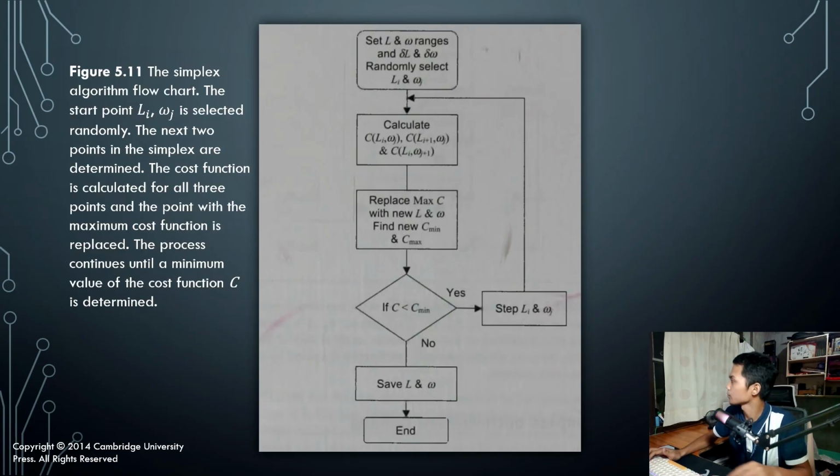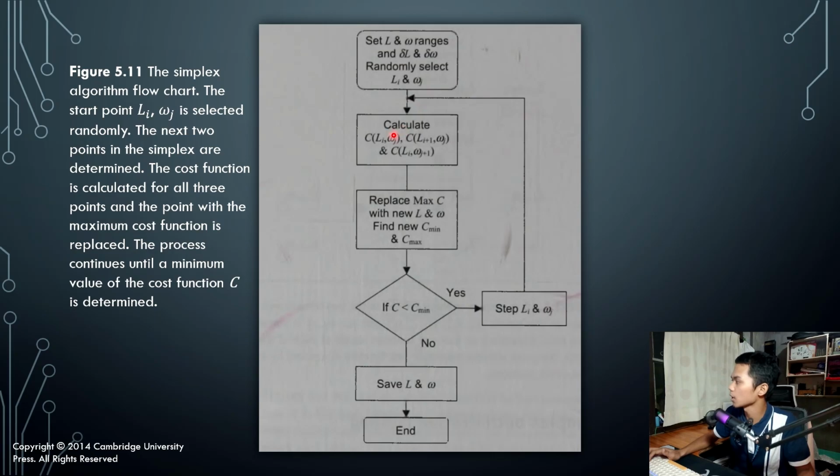Let's see. So you start with L and omega ranges again and set increments, again delta L and delta omega, and then randomly select L sub i and omega sub j.